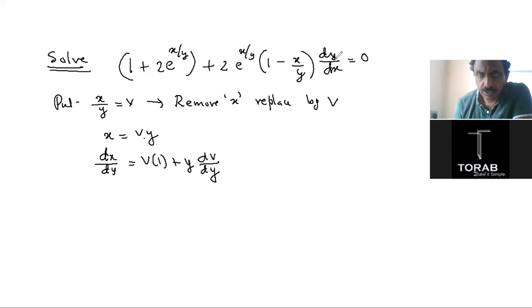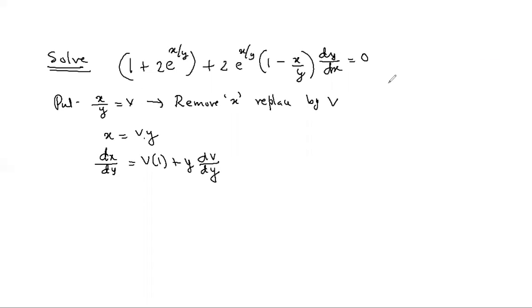Let's try to do it. Now remember, this is dy by dx, so I need to modify this problem. It will become dx by dy. So how will I get dx by dy? I'll show some more steps, otherwise you will have confusion. First of all, I will write this as 2 e raised to x upon y into 1 minus x upon y into dy by dx is minus 1 plus 2 e raised to x upon y.